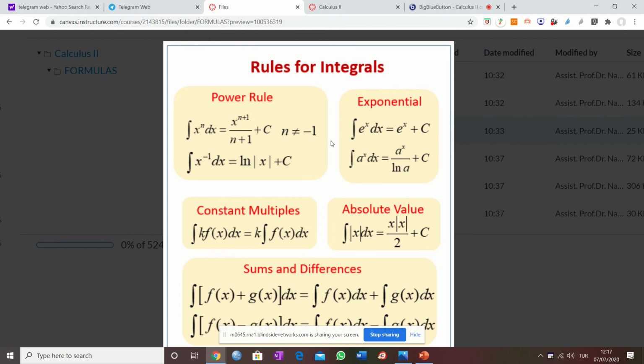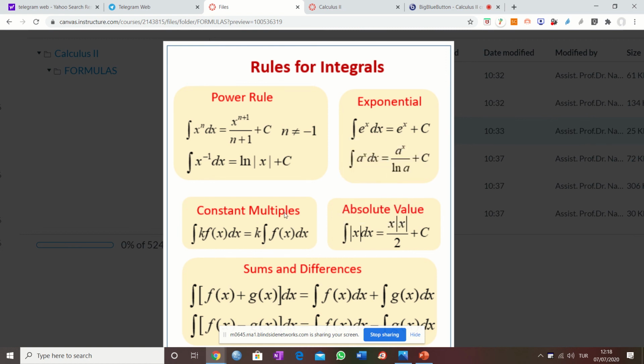You know that n cannot be minus 1 because it becomes undefined. And here this is x to the minus 1, which is 1 over x; the integral of 1 over x is ln x. These are exponential formulas, e to the power x. This is a to the x over ln a.